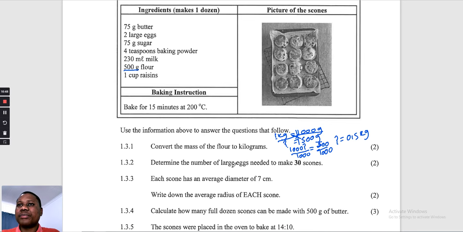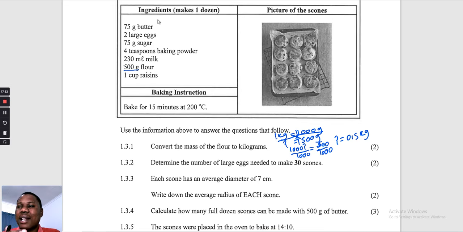Now they say determine the number of large eggs needed to make 30 scones. So what are we going to check? We are going to check how many eggs they used to make 12 scones. According to this, they used 2 large eggs to make only 12 scones. So now they want to know how many eggs they will need to make 30 scones.